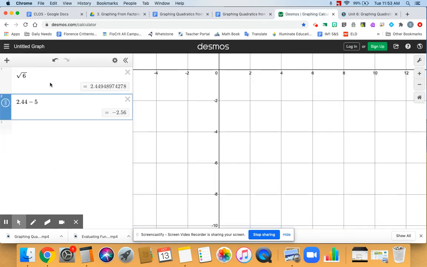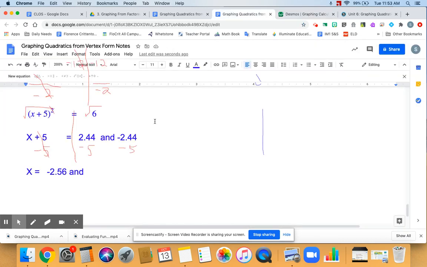And negative 2.44 minus 5 is negative 7.44. So my two x-intercept points are going to be negative 2.56 comma 0 and negative 7.44 comma 0.